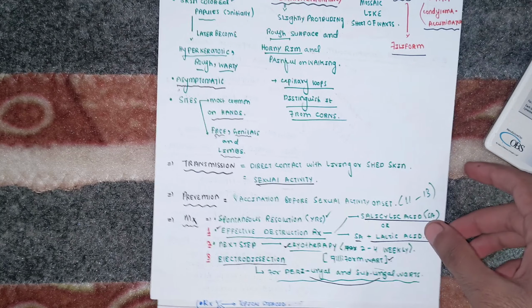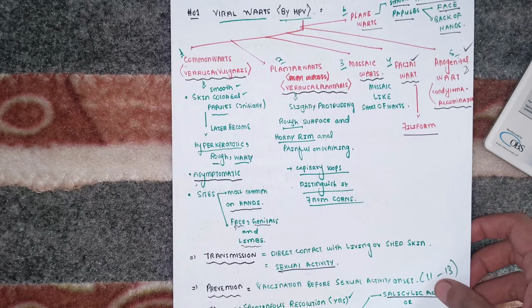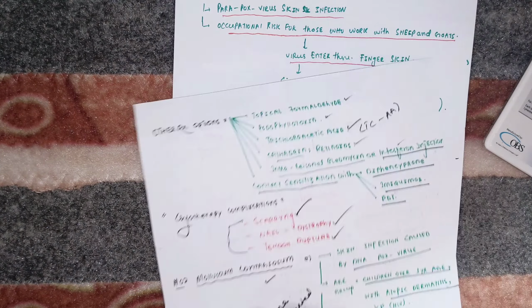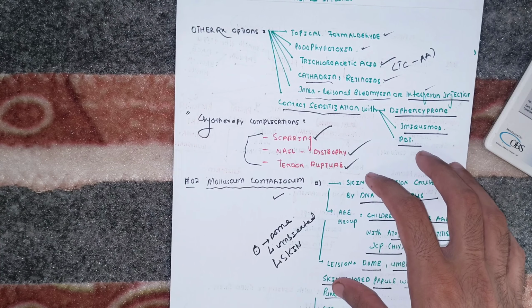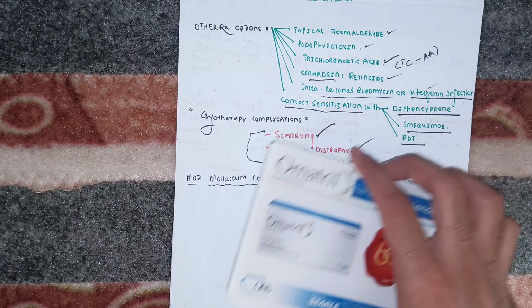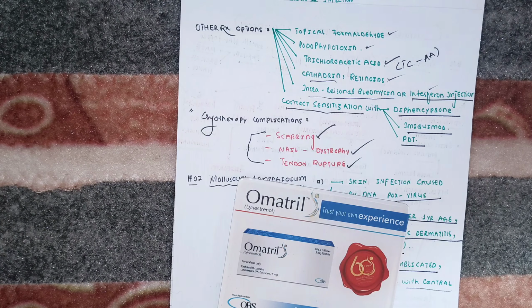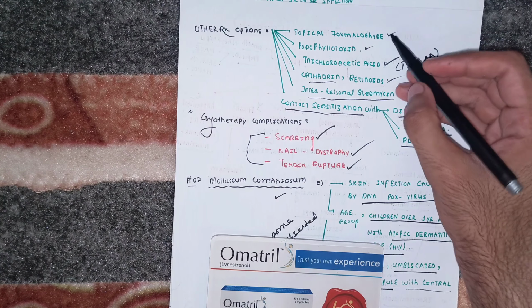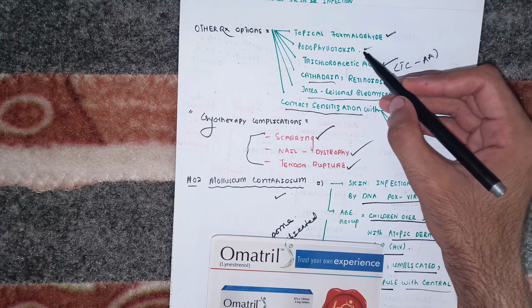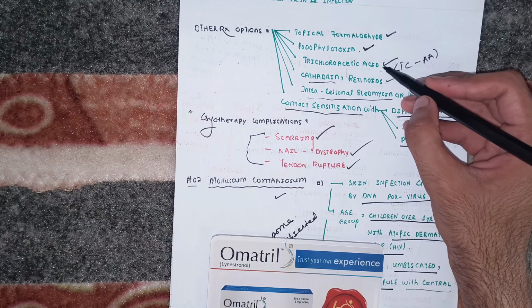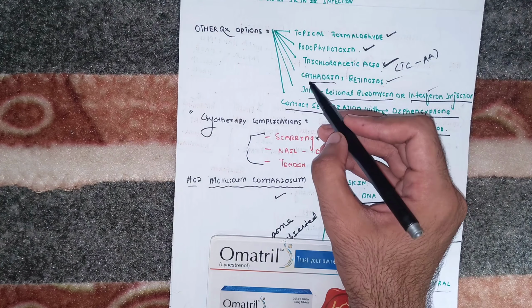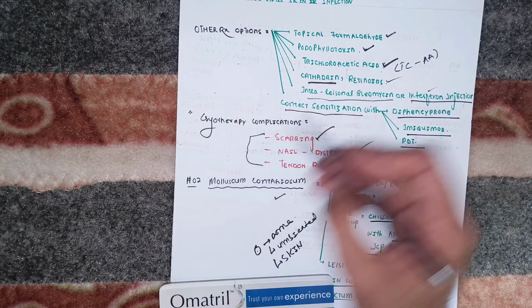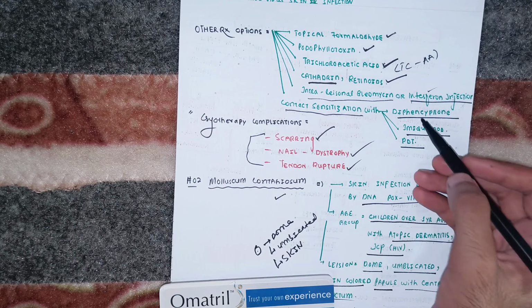ठीक है, और कुछ और बेटा management programs हैं which are not efficiently followed, but you can still keep it in your mind for your exam purpose, that are topical formaldehyde, okay, podophyllotoxin PDT, trichloroacetic acid, cantharidin drug, और उसके अलावा retinoids apply कर सकते हैं.